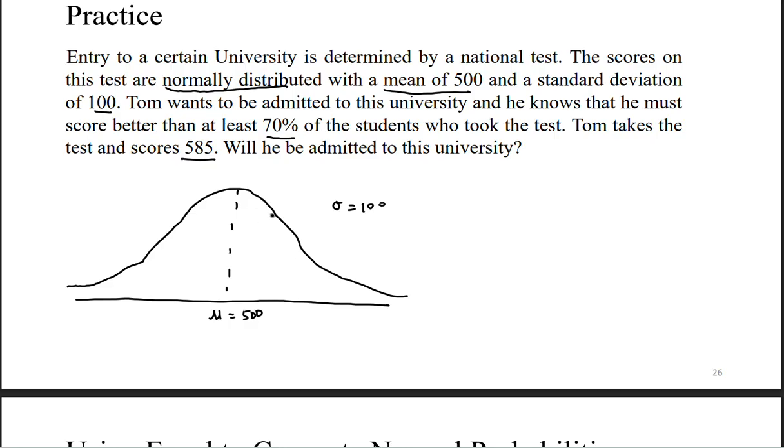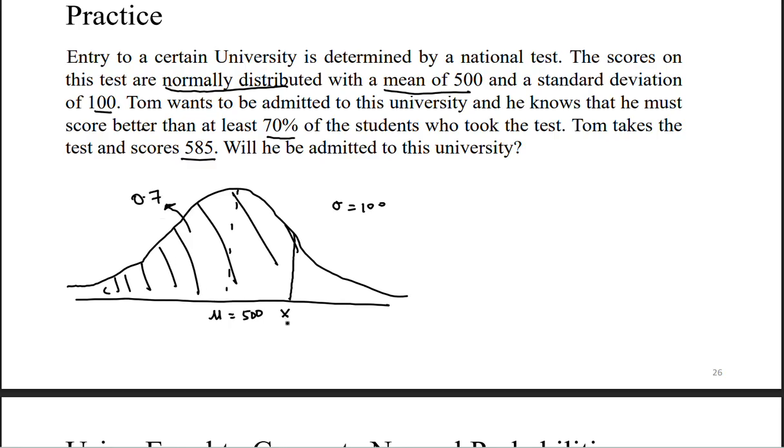What we don't know is the value that gives us at least 70% less, and so we're looking at a value of x such that 70% or 0.7 will be less than that. So we already have the area given to us, and the area is 0.7.